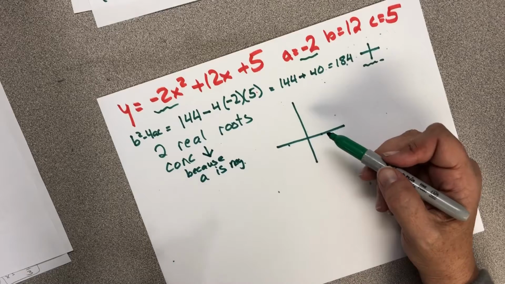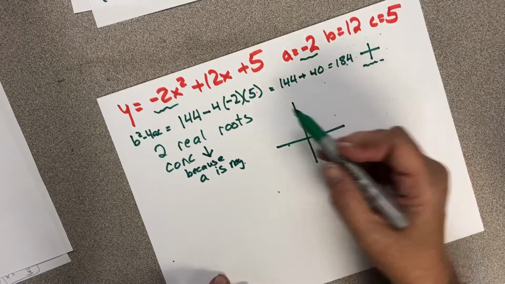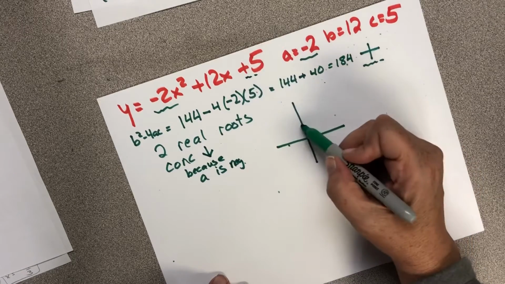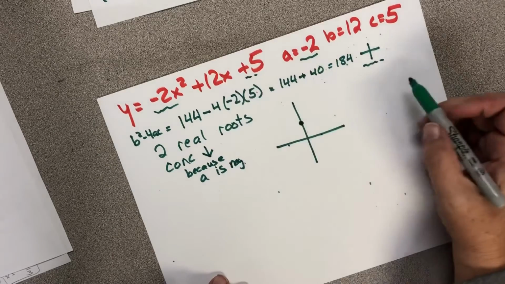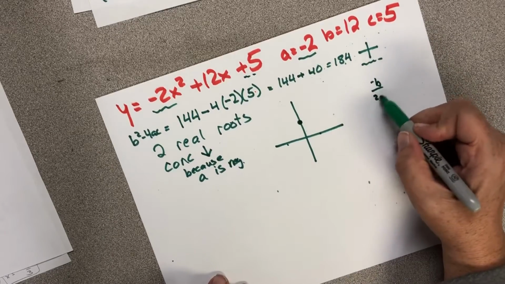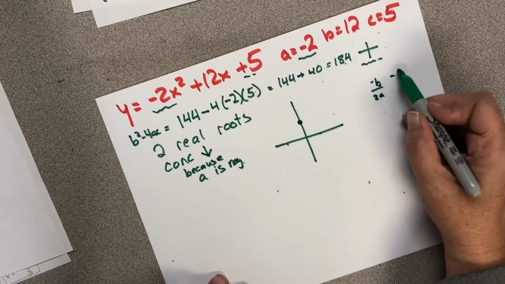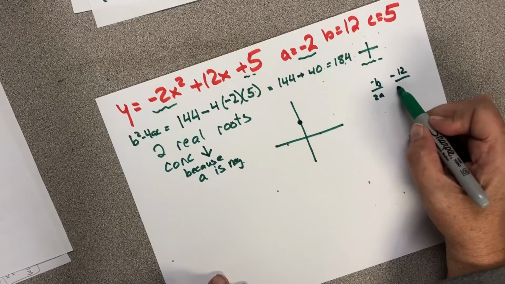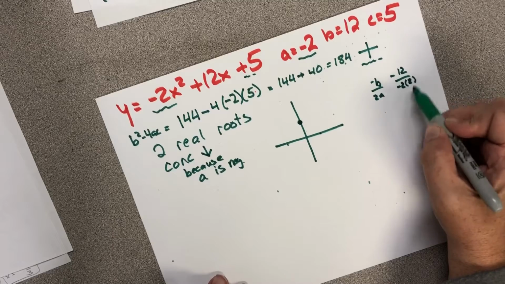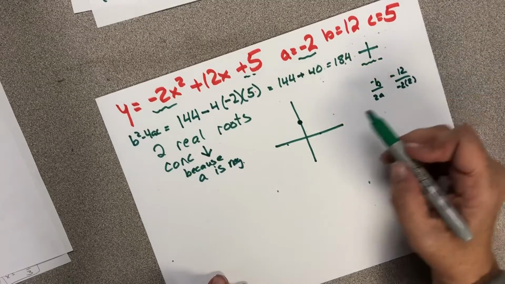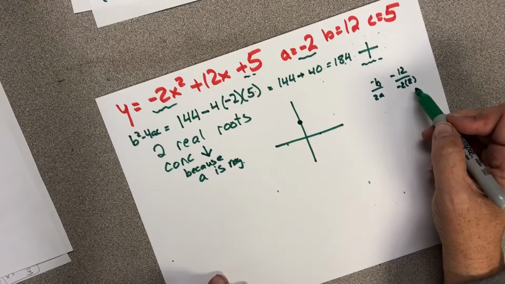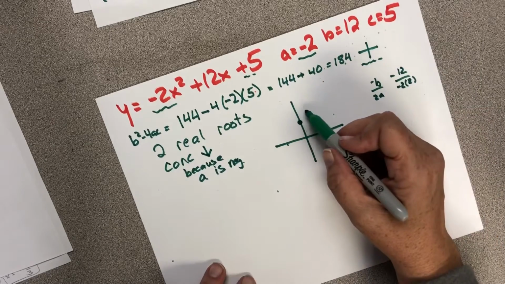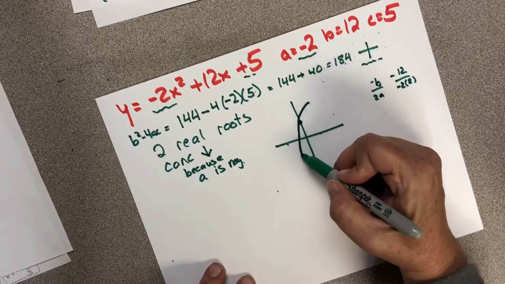If you want to go another extra step, you can see that you have a y-intercept of positive 5. You can also see that your vertex is going to be, this is all just extra, negative 12 over negative 2 times 2, which is going to be positive. So we're concave down, but we have a positive line of symmetry. So I could draw my graph like that.